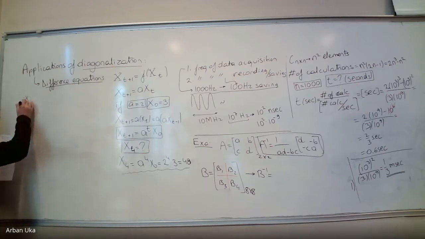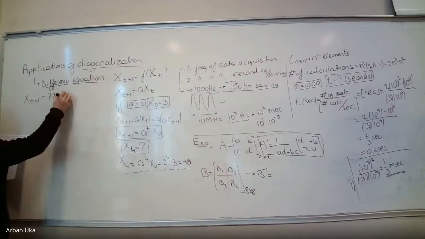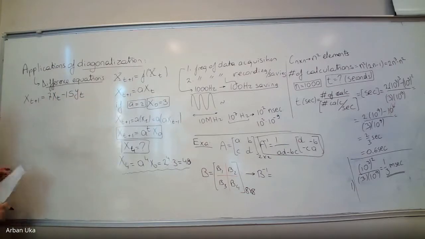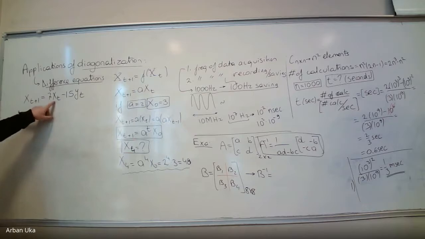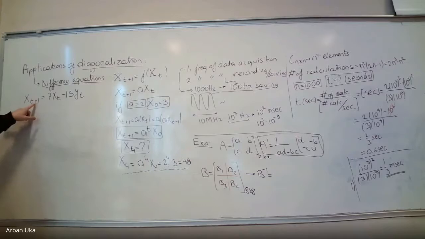Let's assume that we have a variable which depends as follows. x_{t+1} is 7x_t minus 15y_t. So this means that if the initial condition is x_t and y_t, then the subsequent value for x is 7 times x_t minus 15 of y_t.